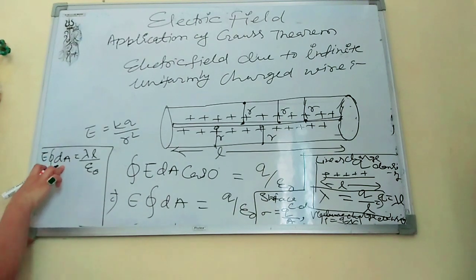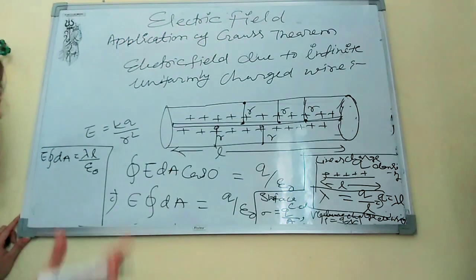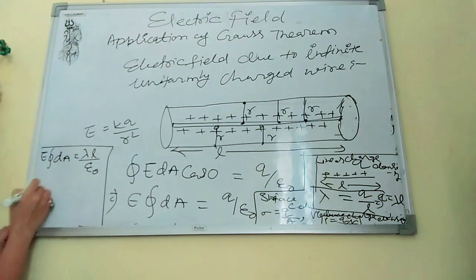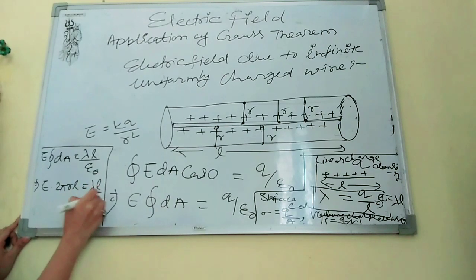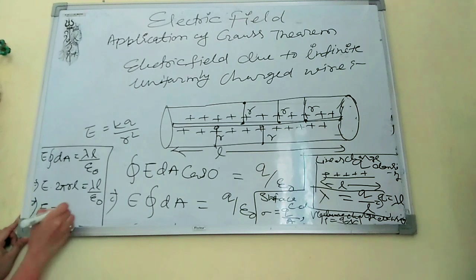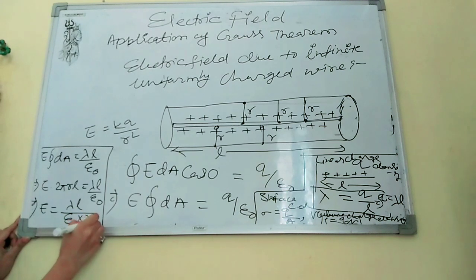Now dA, this is a cylindrical surface, so we know the area of the cylinder is 2 pi RL. We put here E into 2 pi RL equal to lambda L by epsilon naught. Now this will go to this side and cross multiply with epsilon naught, so this will be lambda L upon epsilon naught into 2 pi RL.